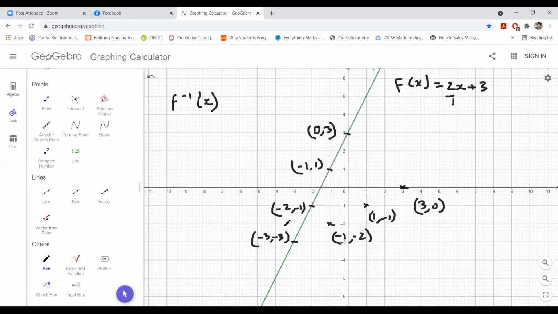And if you swap -3, -3, you get the same point, don't you? So your line will be here. How about another one? How about this one? 1, 5. So 1, 5 will become 5, 1, which is here, right? So your inverse line, your f inverse, will be here.